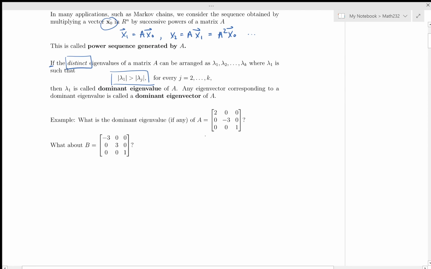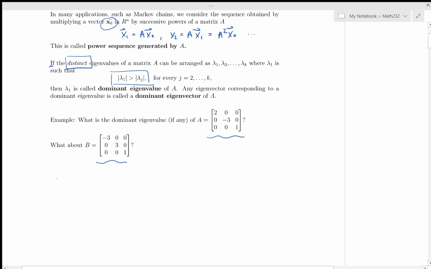Let's take a look at this to make sure that we understand what that means. A couple of simple matrices, A and B. Let us notice what the eigenvalues are. Now, A is a diagonal matrix, so it's upper and lower triangular, and we know that for those types of matrices the eigenvalues are on the diagonal. So it's not hard to compute what they are.